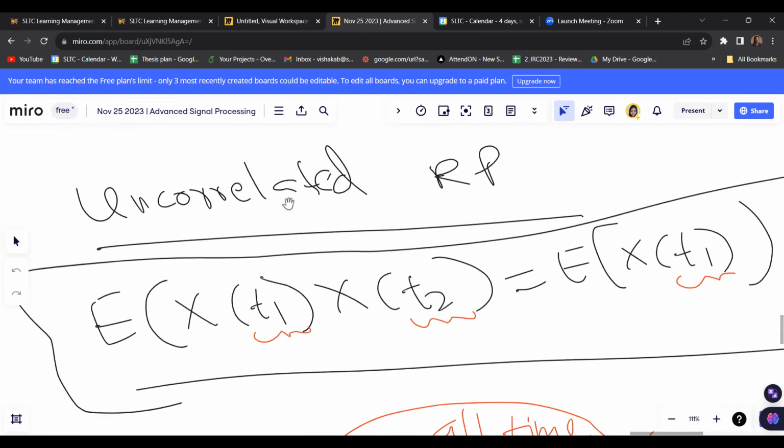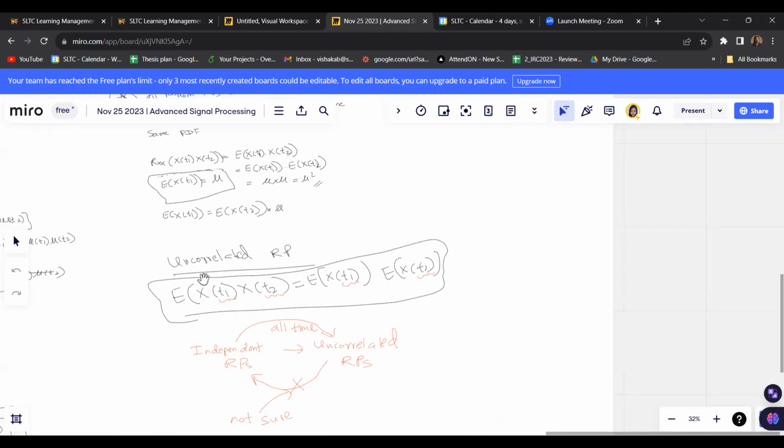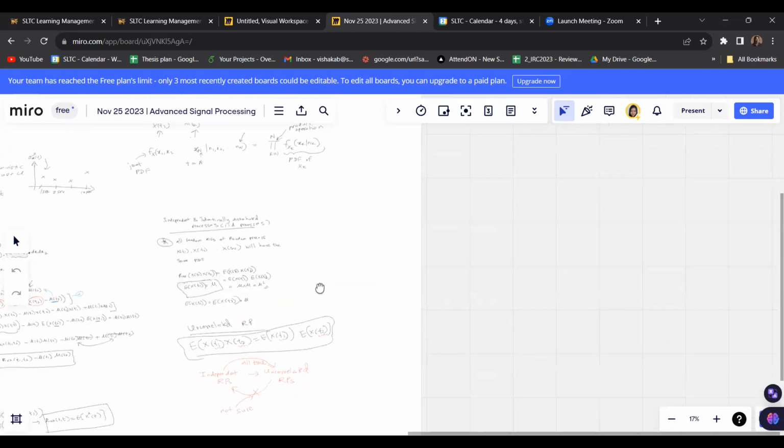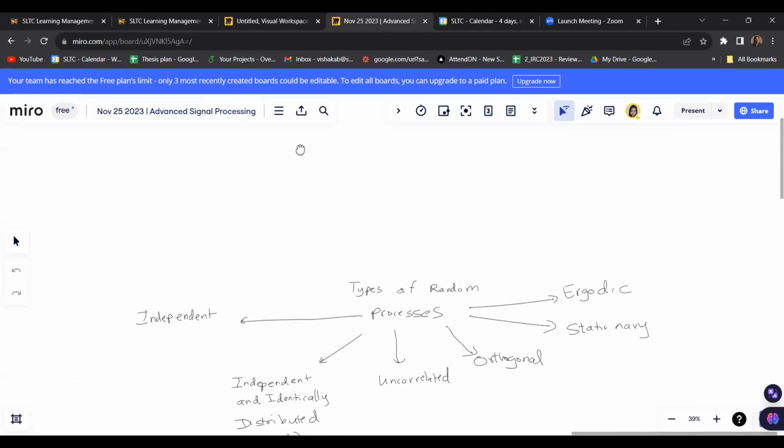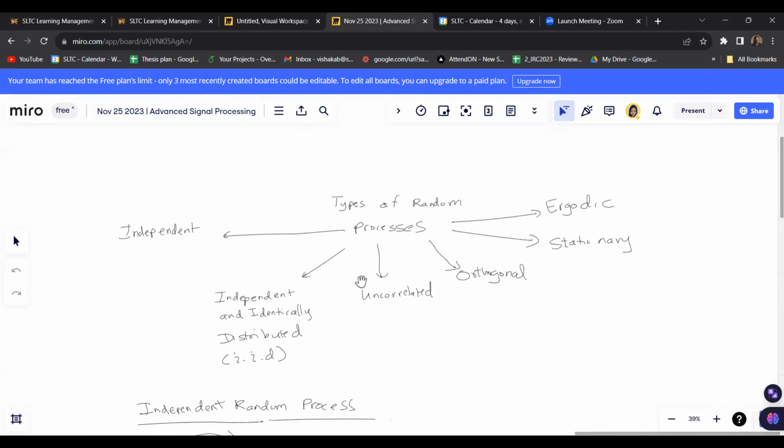And then we discussed uncorrelated random processes. Uncorrelated random processes are similar to independent random processes in some way, however not completely equal. If a random process is independent, it will always be uncorrelated.